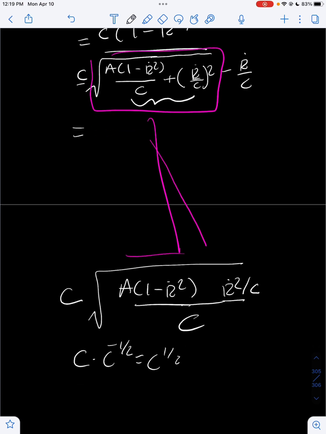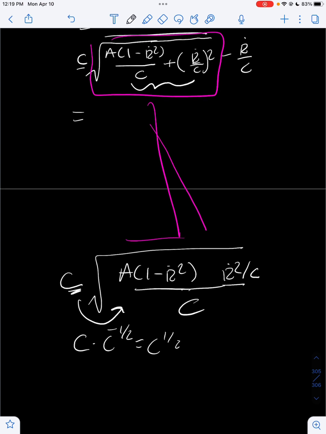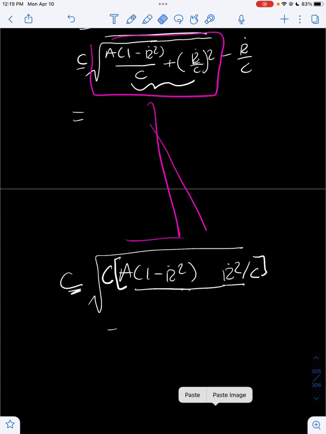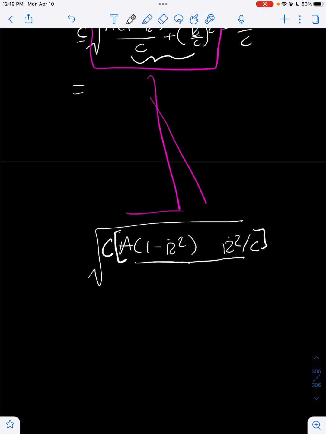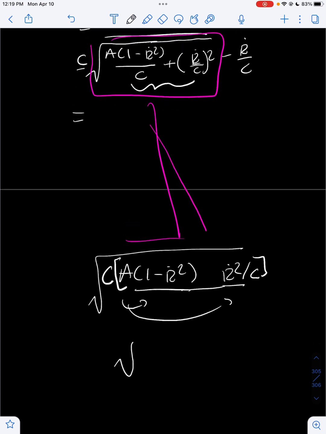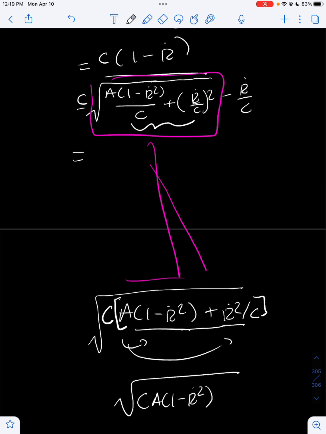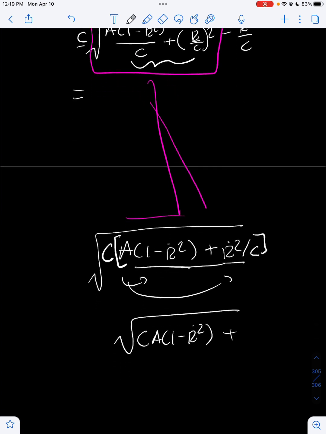So we can move this c to the front, and then we don't have to worry about this one anymore. It's just algebra, really, but with a lot of variables. Now we can distribute the c on the inside. That'll be ca times 1 minus r dot squared, and then plus, sorry, this was a plus, the c will cancel out with this c once it goes in there, so you'd have a r dot squared.